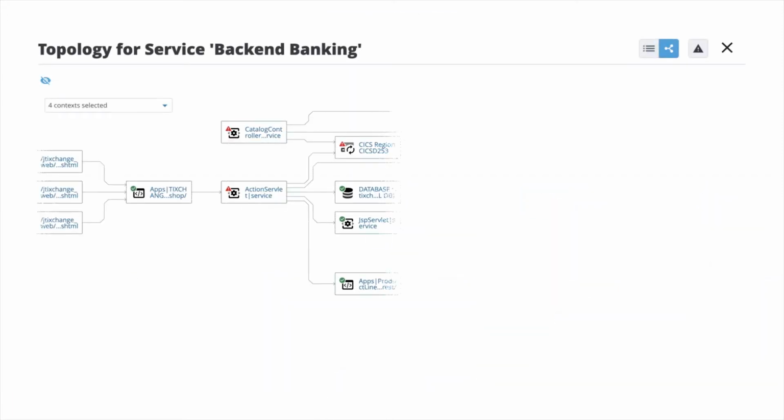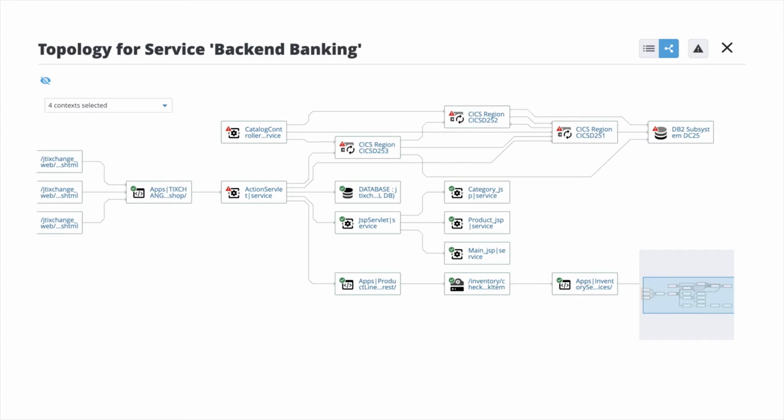When it comes to triaging issues related to the service, it is important to have a complete view of the topology. The topology can show both east-west elements from mobile to mainframe or north-south elements in a network flow. This is particularly relevant for a large enterprise who could be running the systems of engagement on the cloud and system of records on mainframe inside the firewall.